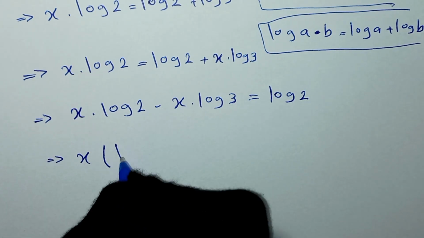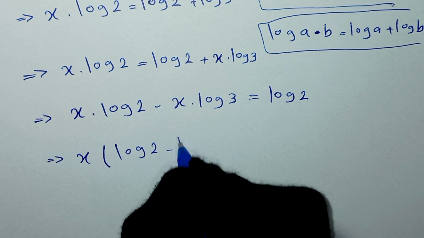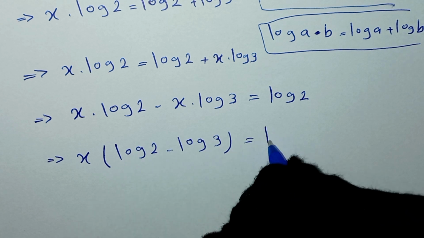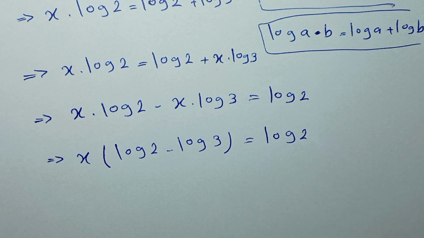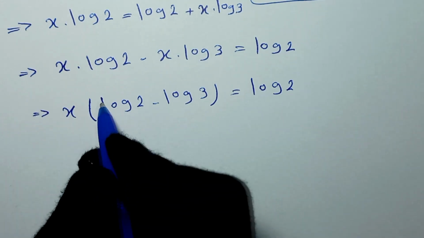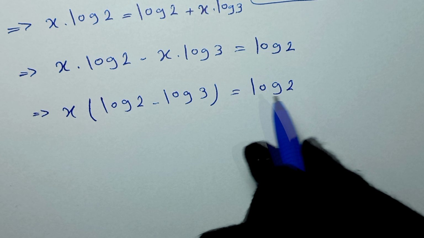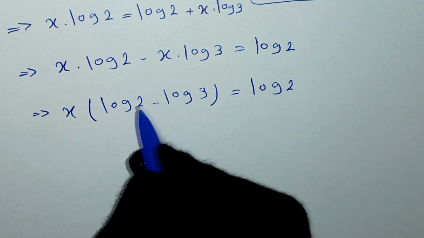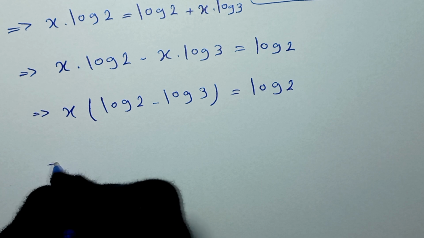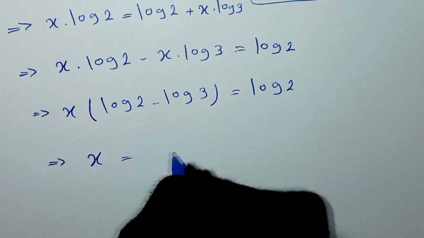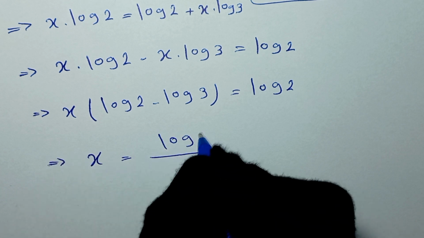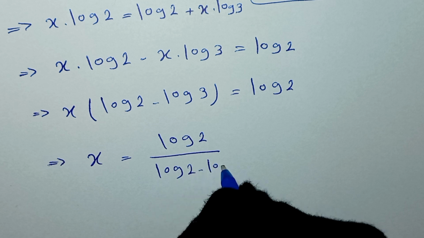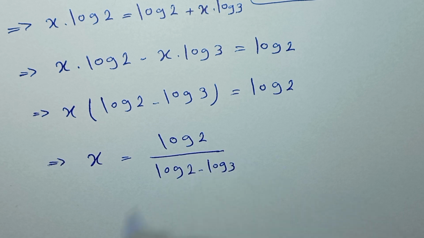It will be log of 2 minus log of 3 is equal to log of 2. And next step, we divide both sides of this equation by log of 2 minus log of 3. So it will be x is equal to log of 2 over log of 2 minus log of 3.